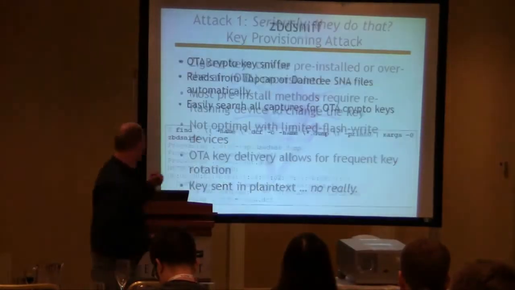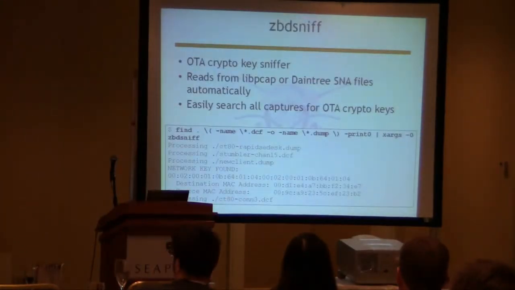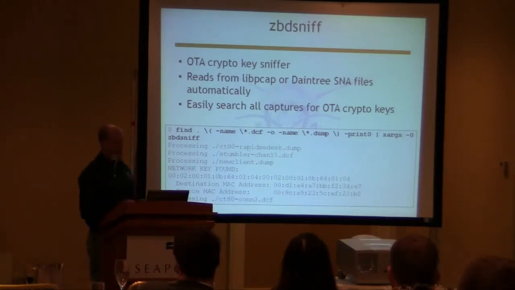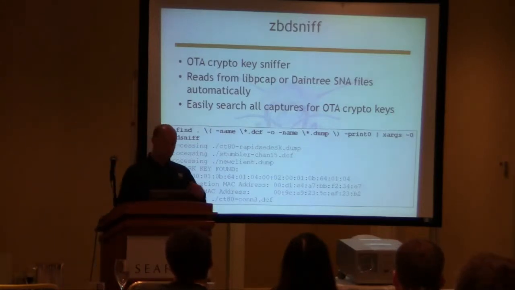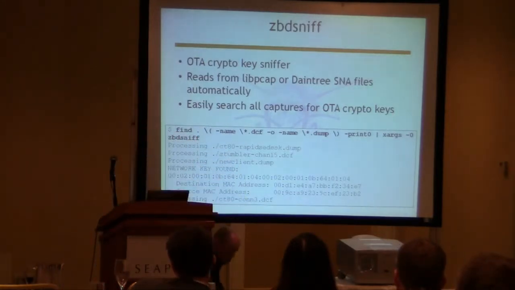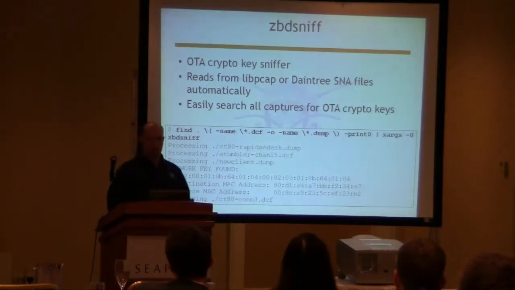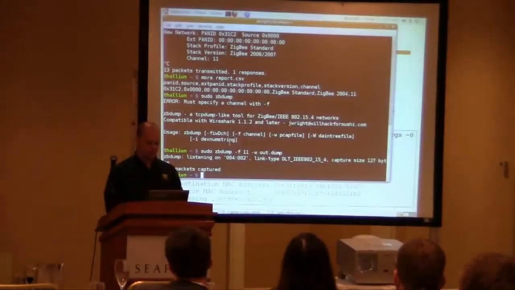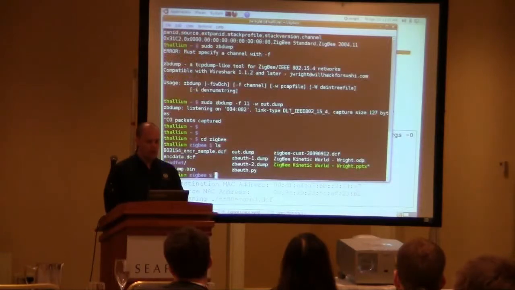Okay? So the tool to attack this mechanism is called ZBD Sniff. ZBD Sniff reads through ZigBee packet captures and extracts the over-the-air key delivery information. So the way I usually do it is I've got a bunch of packet captures in this directory, say for a target customer. I'll do a find.